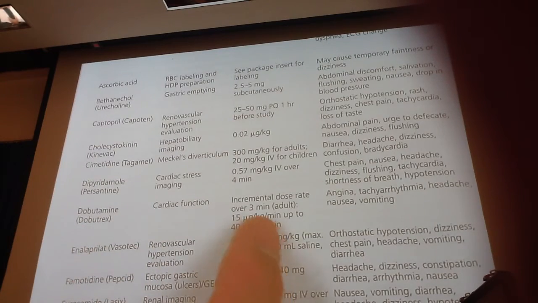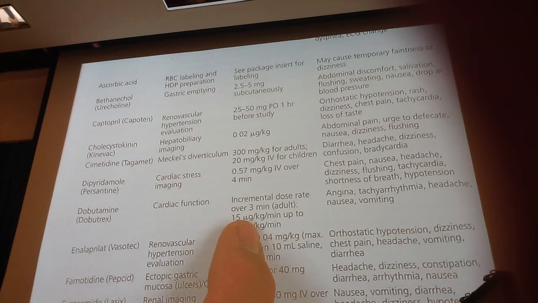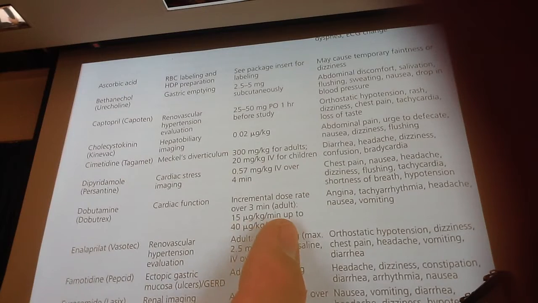Notice it says incremental dose rate over 3 minutes. You start at 5 to 10 micrograms per kilogram per minute, that's the first phase. After 3 minutes you increase the dose, and when you get up to about 40 micrograms per kilogram per minute, that's the maximum.